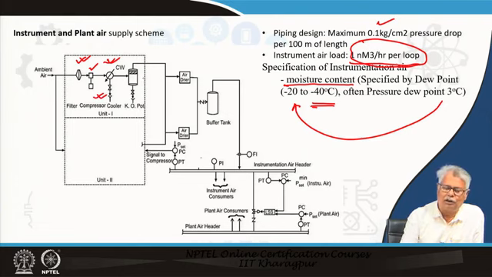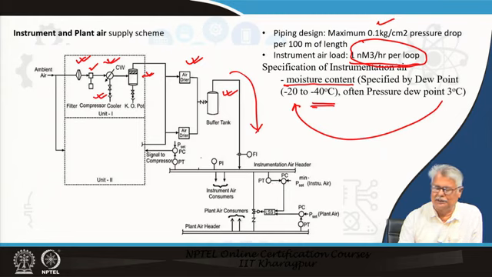Then it goes to a knockout drum or a knockout pot, whatever you may call it. Then it goes to an air dryer, which could be filled with either silica gel or alumina adsorbent for moisture. Then it goes to a buffer tank. If your supply pressure is something around 7 kg or 8 kg, your buffer tank pressure will be a kg more. And naturally, from there the supply comes to the instrument air.